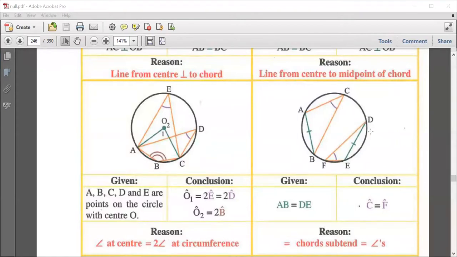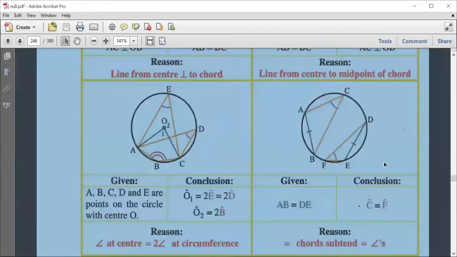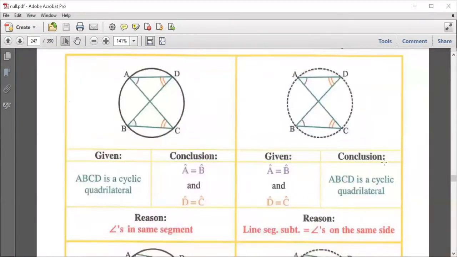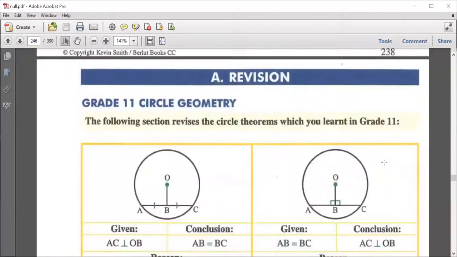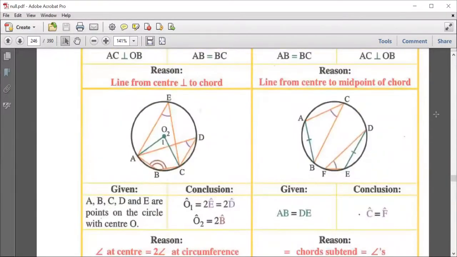So is this the theorem where angles are subtended by the chord? Let me go up a little bit. So it is this theorem here. Inside the circle, we have 2 triangles, and in these 2 triangles, we have just one side in each of the triangles which are equal.